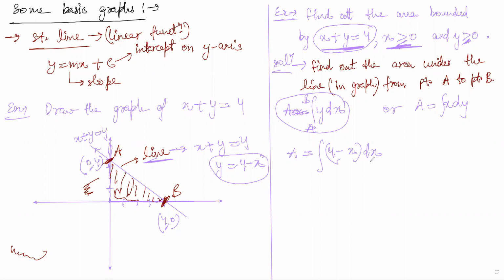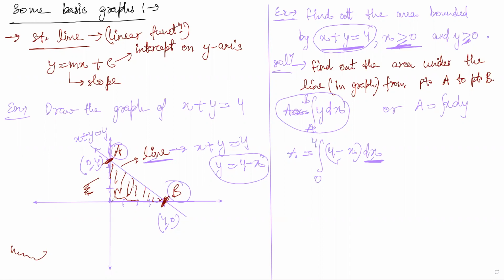To find out the limits, check your variable here, whether it's written dx or dy. If it's written dx, then you need to consider the x coordinate of these points. So the x coordinate of A is 0 and the x coordinate of B is 4.